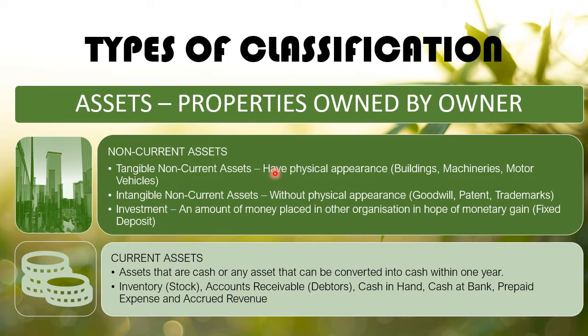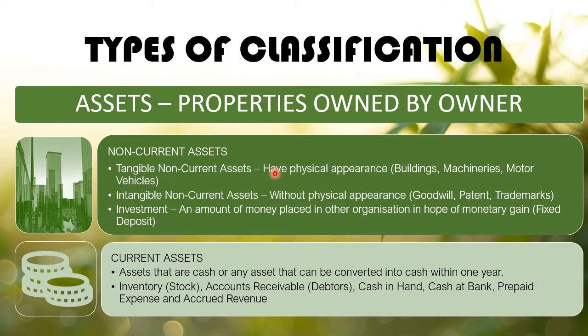So there are physical appearances of those assets. For example, buildings, machineries, motor vehicles, land, office equipment, printer, table, chairs, and all the stuff that we can see and touch.